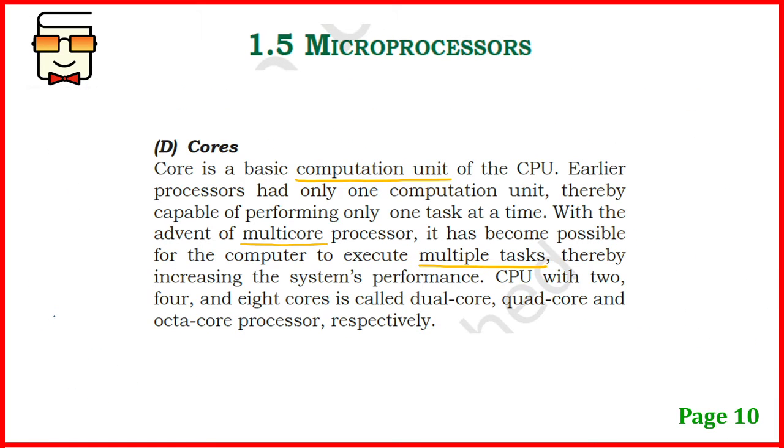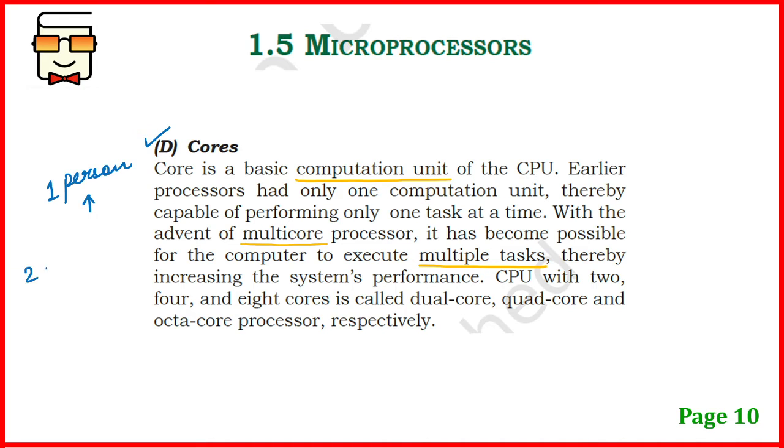Okay, now coming to the last feature of the microprocessor, it is the number of cores. As you know, dual core, quad core, octa-core processor, it means the number of computation units, the number of units that can perform different tasks at the same time. So if you have one person performing your task, you will be able to assign one task, and then when that task is finished, you will be able to assign the second task to this person.